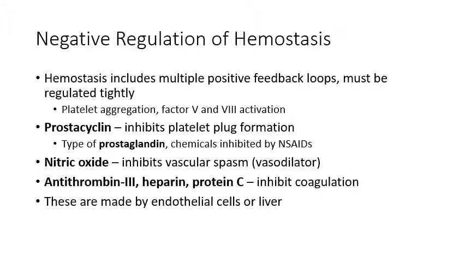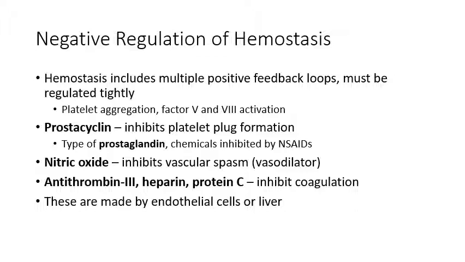Then in coagulation, you have 2 different positive feedback loops involving factor 8 and factor 5 in the intrinsic and common pathways. So those factors are both cofactors that help some step of the coagulation cascade go faster, but aren't necessary for it to proceed, and they're not activated until the end of the process. So the first time that you're doing coagulation, you don't have factor 5 or factor 8 coming into play because they're not active.